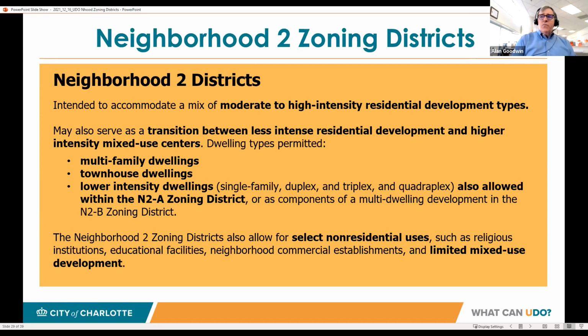I know that's a lot of words, so we can try to clarify if you've got questions about what all that means. And like the neighborhood 1 zoning districts, in neighborhood 2, you can also have certain non-residential uses such as religious institutions, educational facilities, and neighborhood commercial establishments.